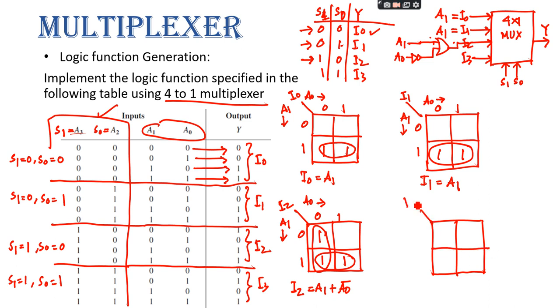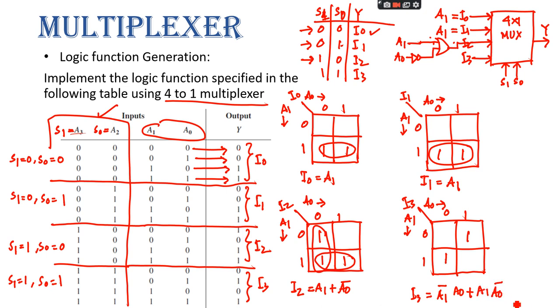And the last one, I3: A1 along this direction, A0 along this direction, 0 1 0 1. So what should be I3? Where should I put 1? Second place and fourth place. So we cannot combine them, right? Yes, sir. So for this one we can write A1 bar A0, plus for this one A1 A0 bar.